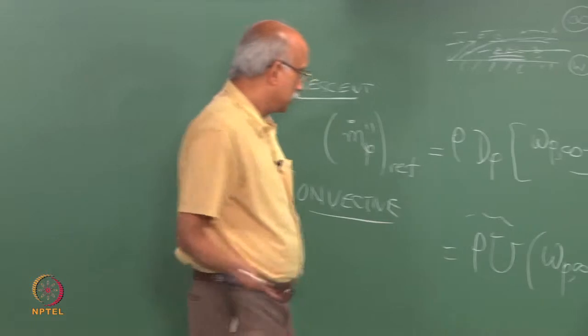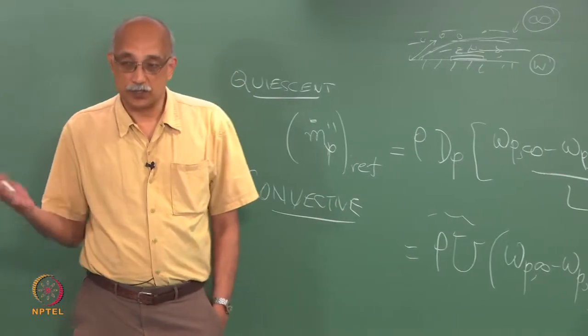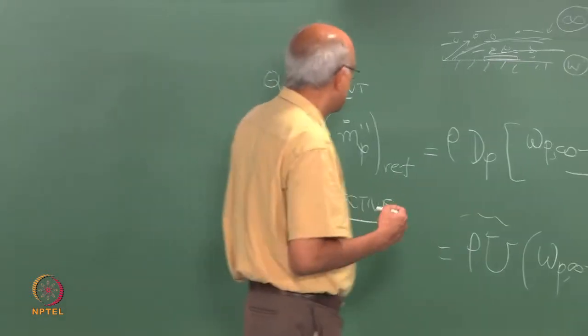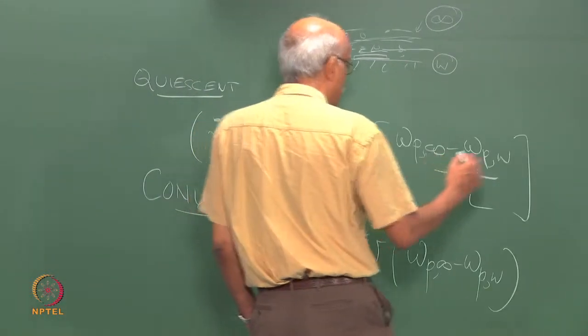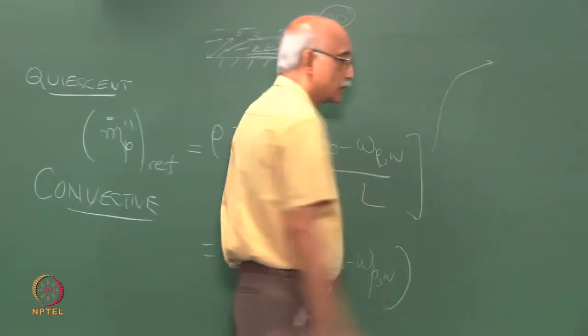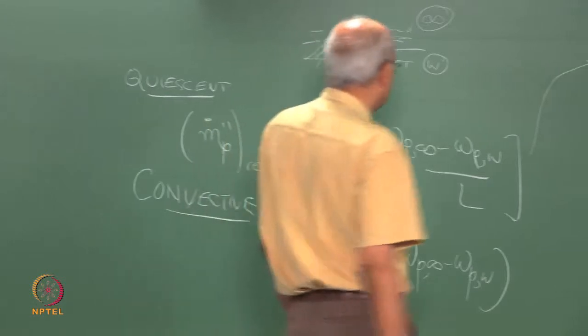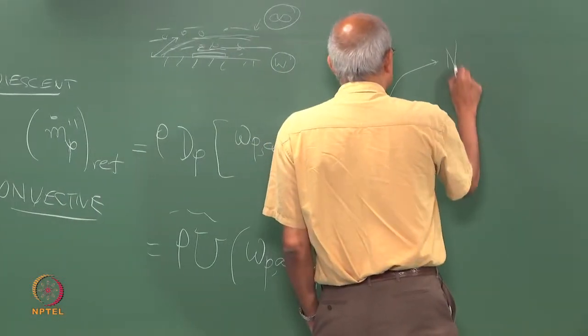So, once you have defined your reference fluxes, you can proceed to do your non-dimensionalization. In the case of quiescent flow, the non-dimensional parameter for particle flux is called the Nusselt number.